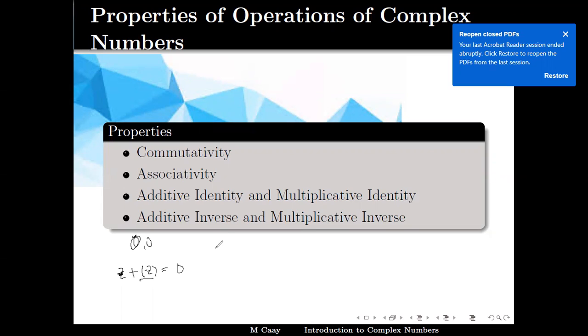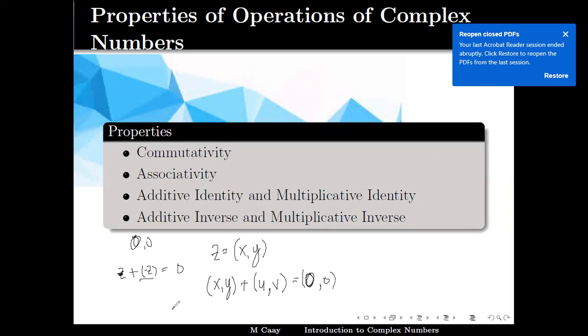Now, suppose, for example, our complex number is (x, y). What are we going to add to (x, y) to get 0? Let's assume we have (u, v) here equals 0, or actually (0, 0).